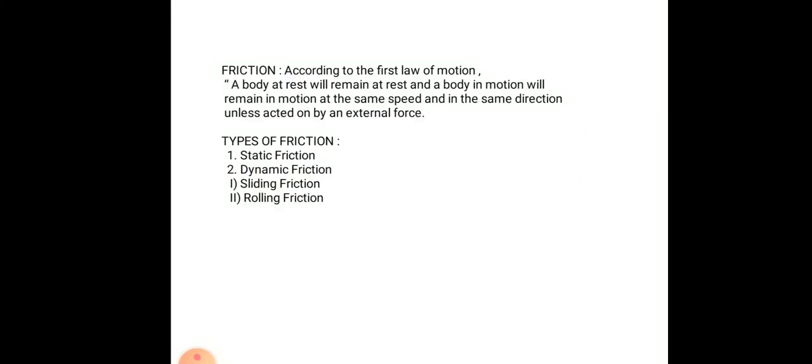So what is static friction and what is dynamic friction? The opposing force that comes into play when one body tends to move over the surface of another, but the actual motion has not yet started, is called static friction. And dynamic friction is the opposing force that comes into play when one body is actually moving over the surface of another body.